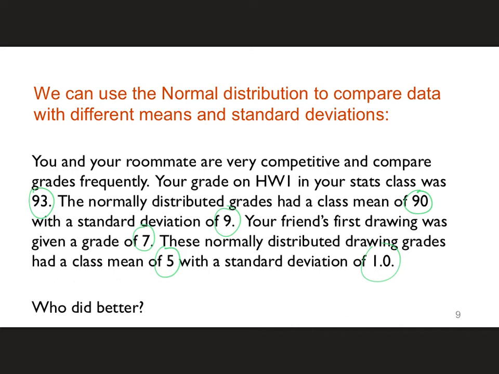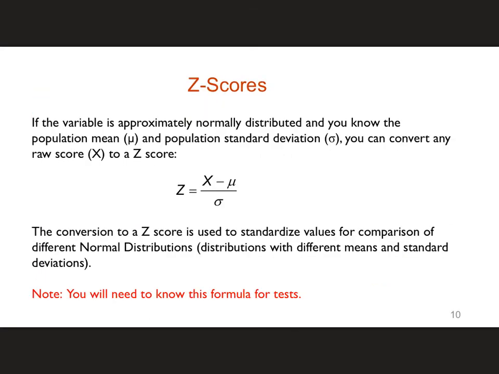So in this case, we want to identify who did better than the other. Over here, we cannot simply make our judgment using their raw values. We cannot do that because the means and standard deviations are different from both classes. In order for us to judge or to know who did better, we need to calculate the z-scores. So these z-scores help us to standardize our values for comparison.